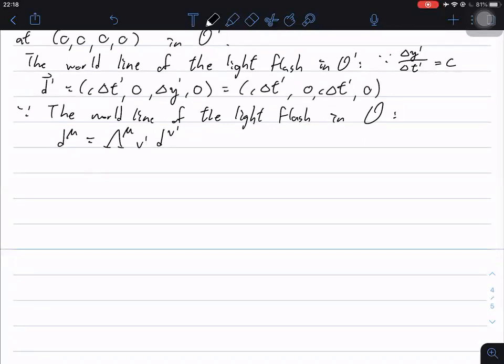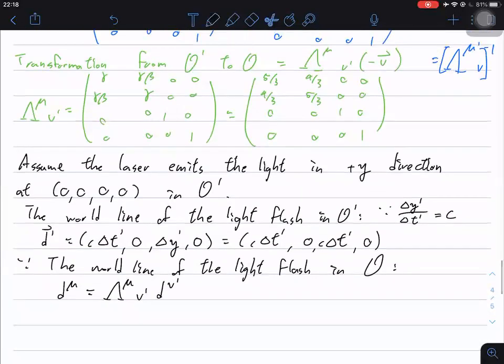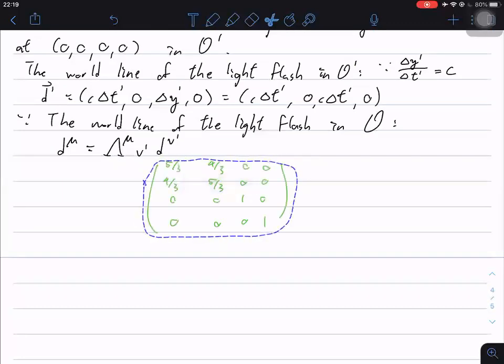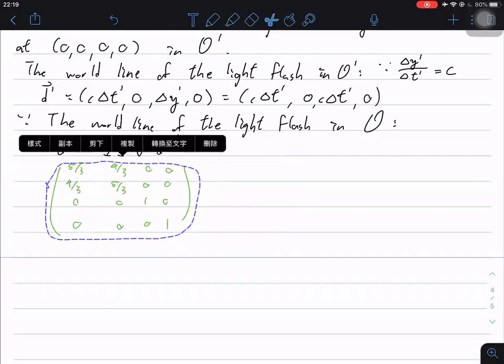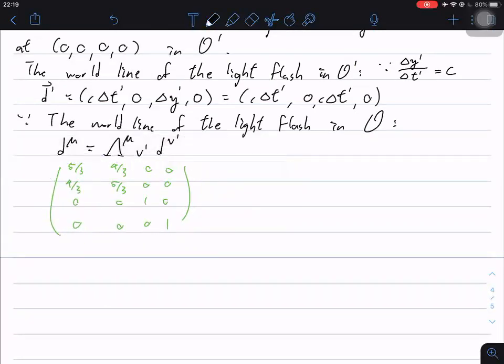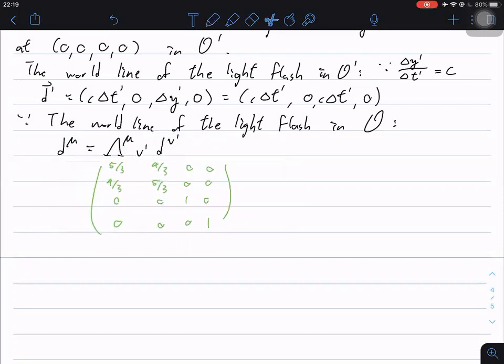So we just have to copy this transformation matrix here. Let me move it here.